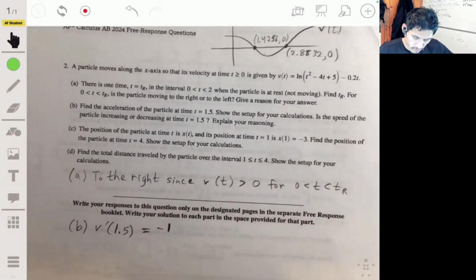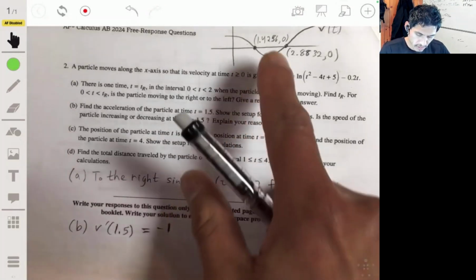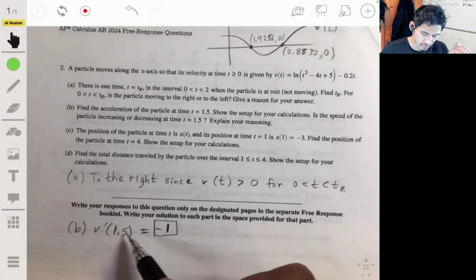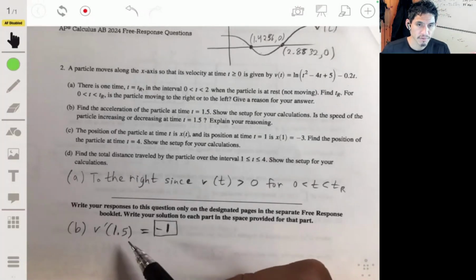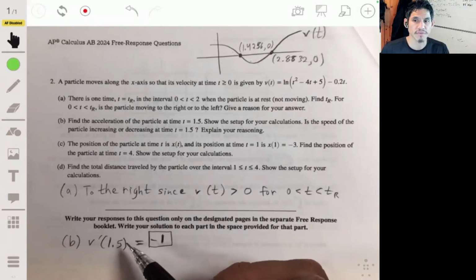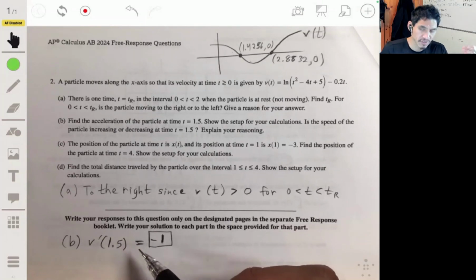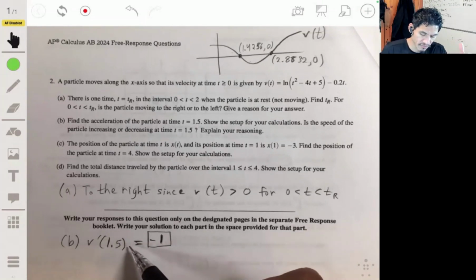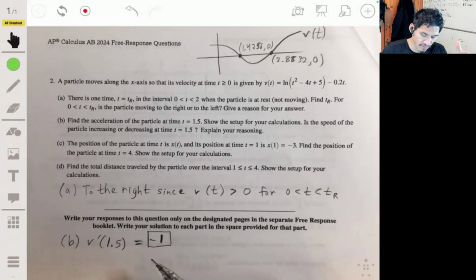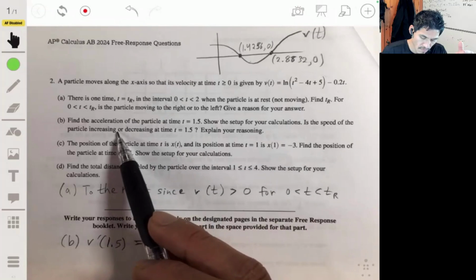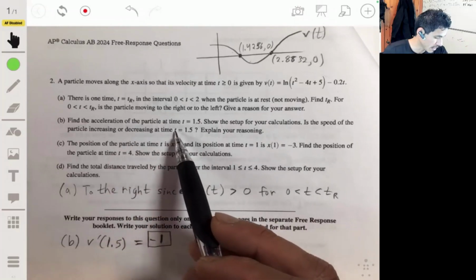Now, the acceleration is -1, and we want to know if the velocity at 1.5 is negative or positive. If it's the same sign, that means they're both working together. So in this case, if they're both negative, it's accelerating to the left, and so we will say it's increasing.